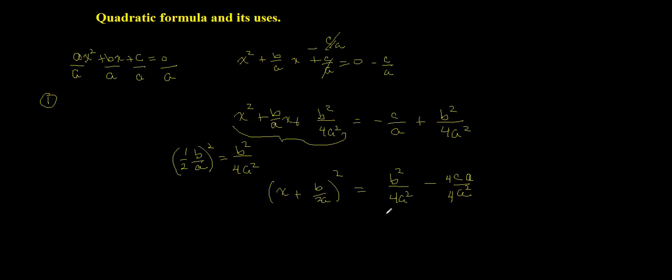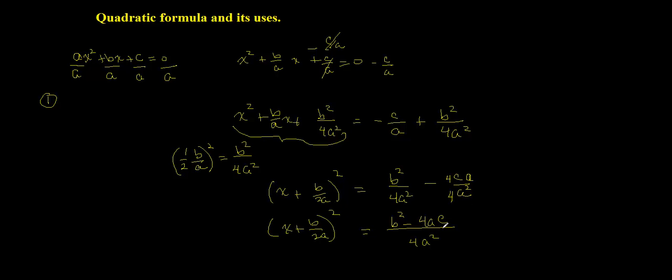So as you can see, now we have the same denominator, so I can simplify that to b squared minus 4ca, which is the same as 4ac, and divide it all over 4a squared, equal to the other side, x plus b over 2a to the second power.